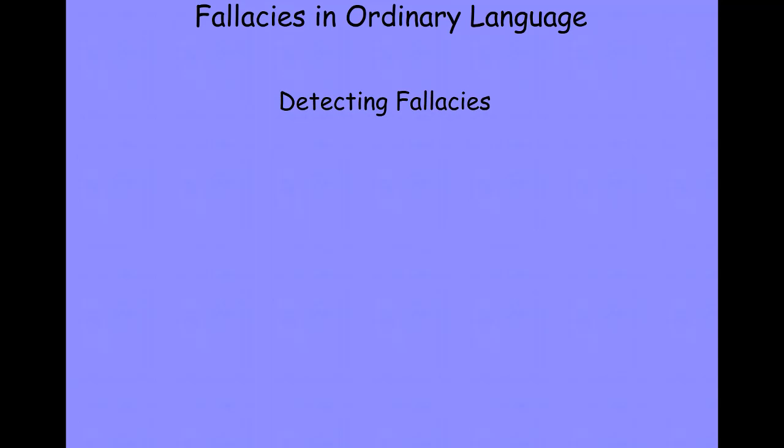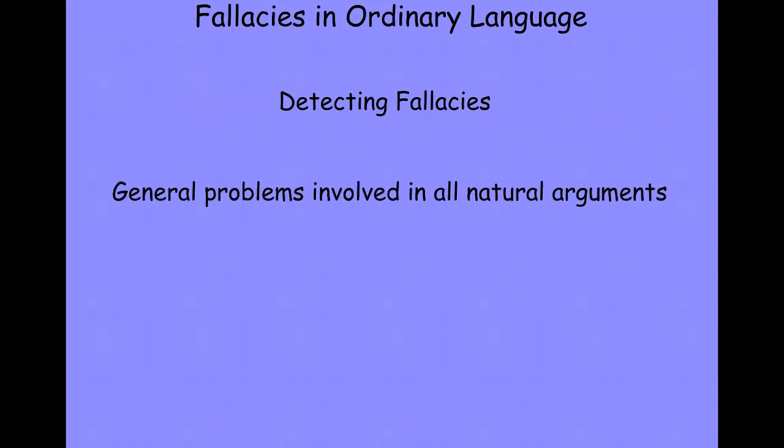So when we're trying to detect fallacies out there in the world, there are a number of things that we're going to notice right away. One thing is, in arguments in ordinary language, in ordinary life, whether they're written arguments or verbal arguments, they tend not to be in perfect standard form. That is, the premise may start the argument, then there's a conclusion, then there's another premise.